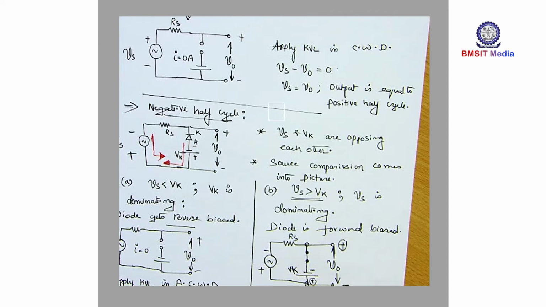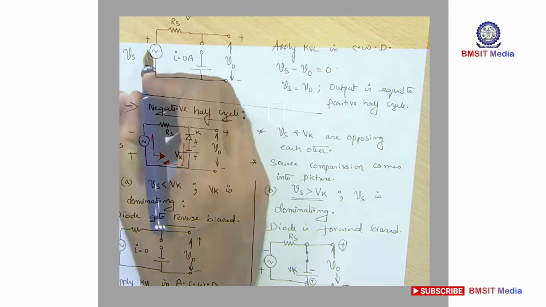So output is equal to minus Vk, and this is a DC value. So the negative half cycle of the input is getting clipped at minus Vk level for a practical negative clipper.